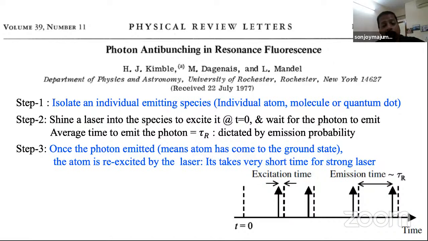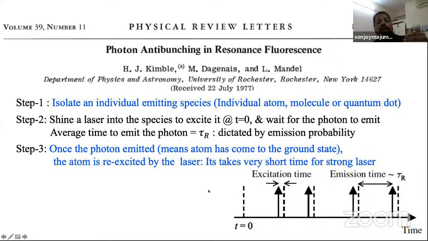That means the number of photons is very large, so the absorption cross section for this kind of atom will be very large. Within a very short time your atom gets excited, and again it will de-excite using spontaneous emission.